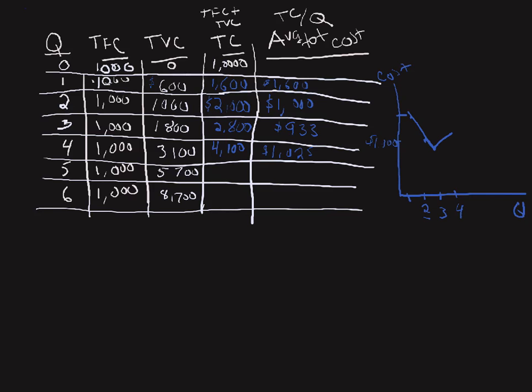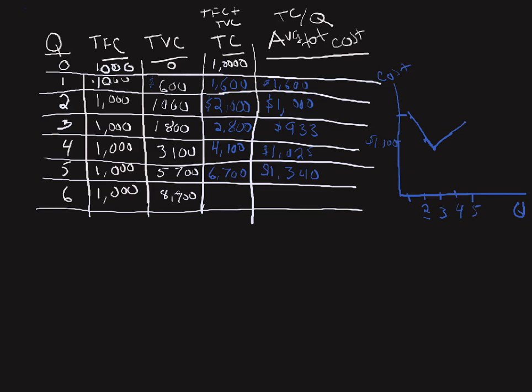Let's move forward. Our new total variable cost is $5,700. So that would be a total cost of $6,700. And to find our average total cost, it's $6,700 divided by 5, which ends up equaling $1,340, which would be somewhere about there, and we go up some more.